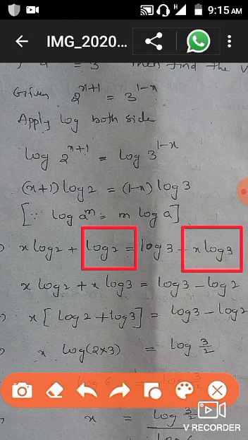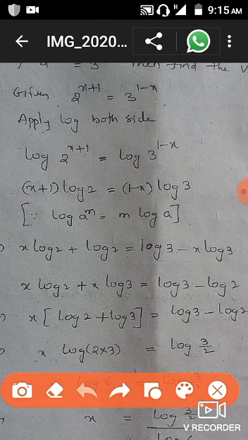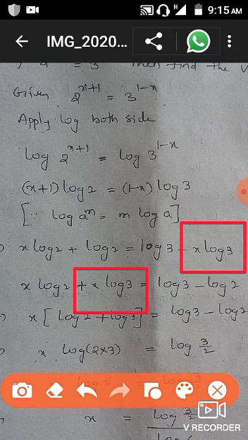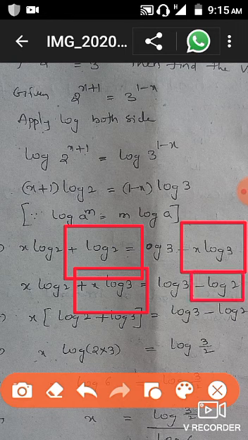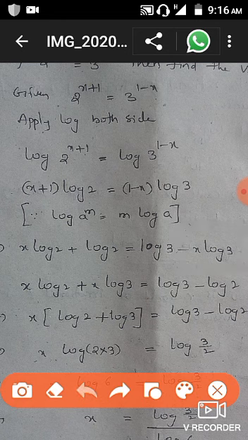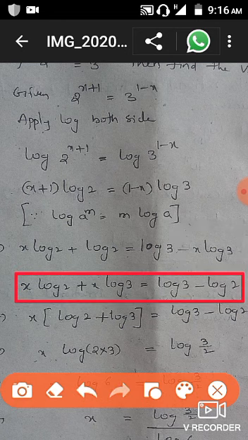We are transposing so that the x terms are on one side and the constants on the other. So minus x log 3 becomes plus x log 3, and plus log 2 becomes minus log 2 when transposed. Thus x log 2 plus x log 3 equals log 3 minus log 2.